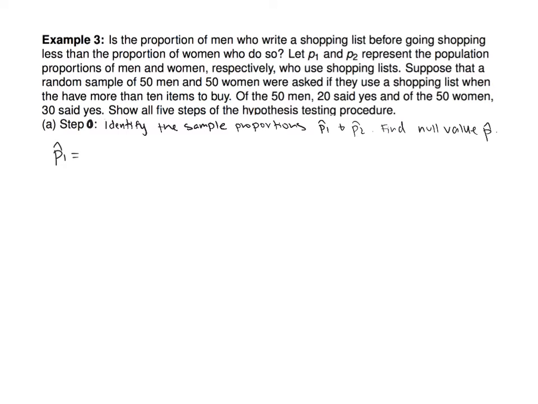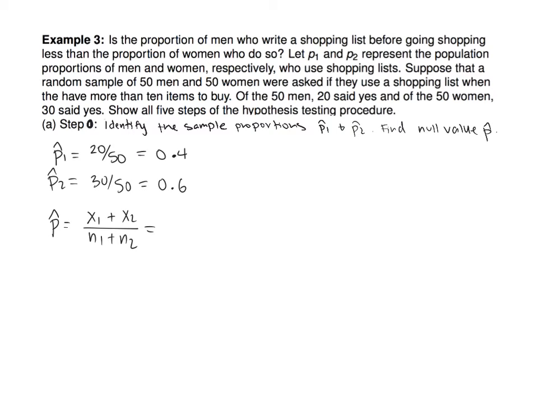So the proportion of men who make lists in our sample was 20 out of 50. And for women, this was 30 out of 50, or 0.6. Now the question is, if these two things are equal, what's our null value? Well, we're going to call that P, and this is number in sample 1 plus number in sample 2 over N1 plus N2.